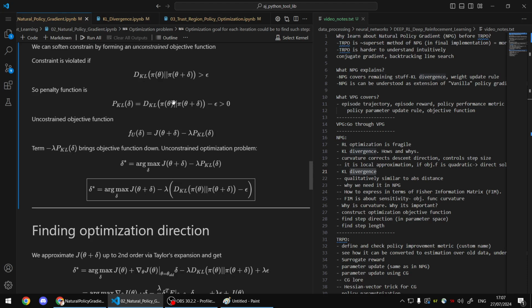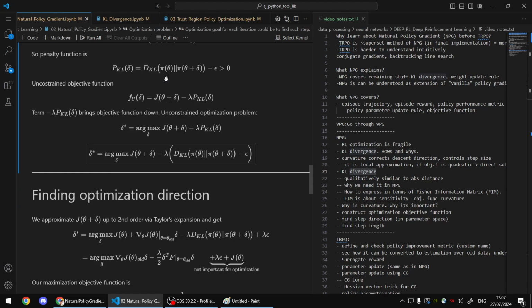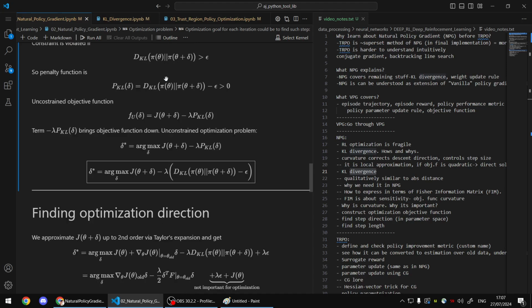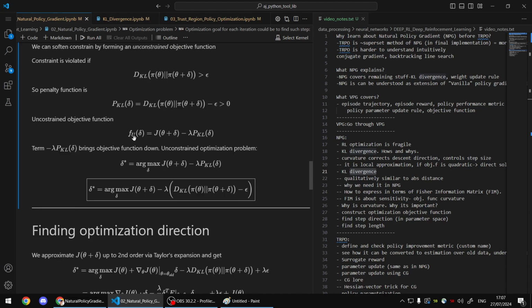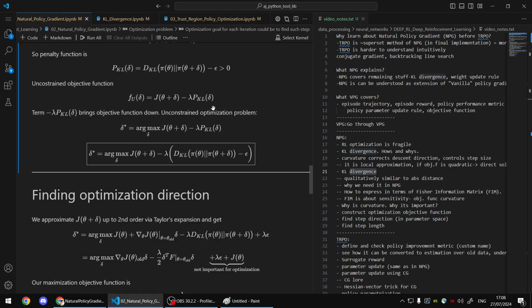In fact, since KL divergence is non-negative, this term will always be negative until the constraint is violated, and then it will ramp up and become positive. So when it's violated, it's positive. That means if we're maximizing our performance, we want to add it with a negative coefficient. And so this is unconstrained optimization.